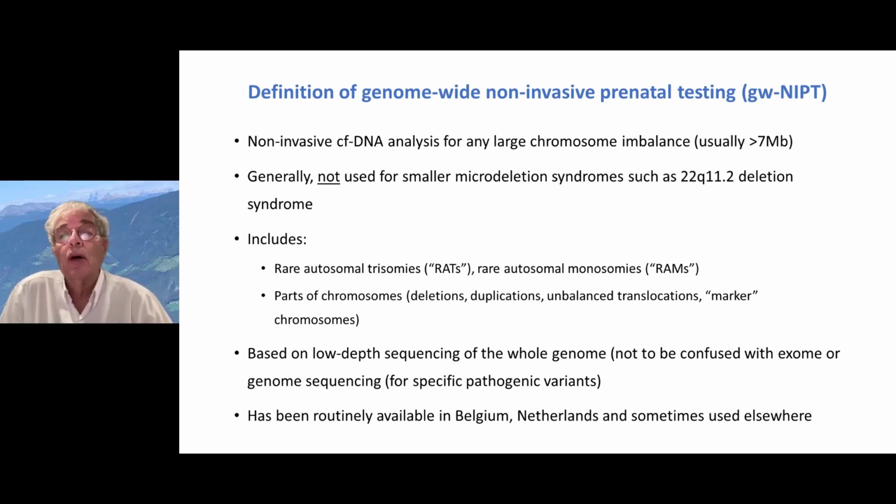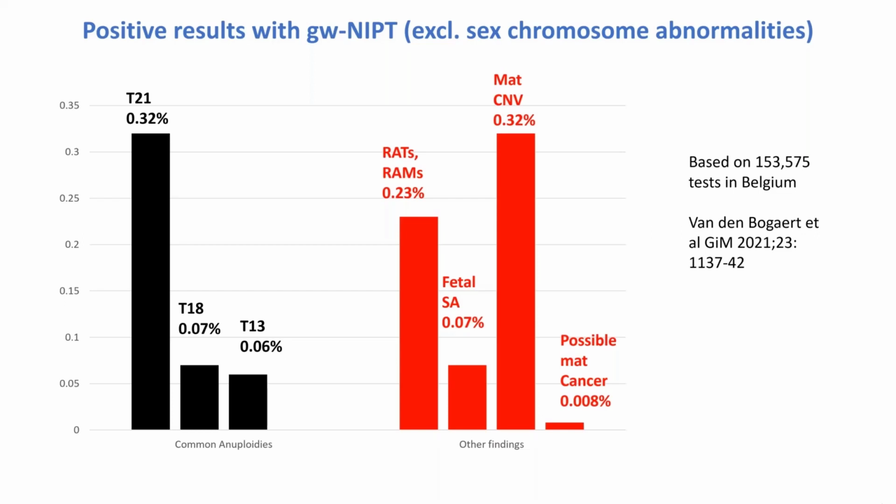So genome-wide NIPT detects large chromosome abnormalities, and it has been routinely available in Belgium and the Netherlands, and it has been used somewhat elsewhere.